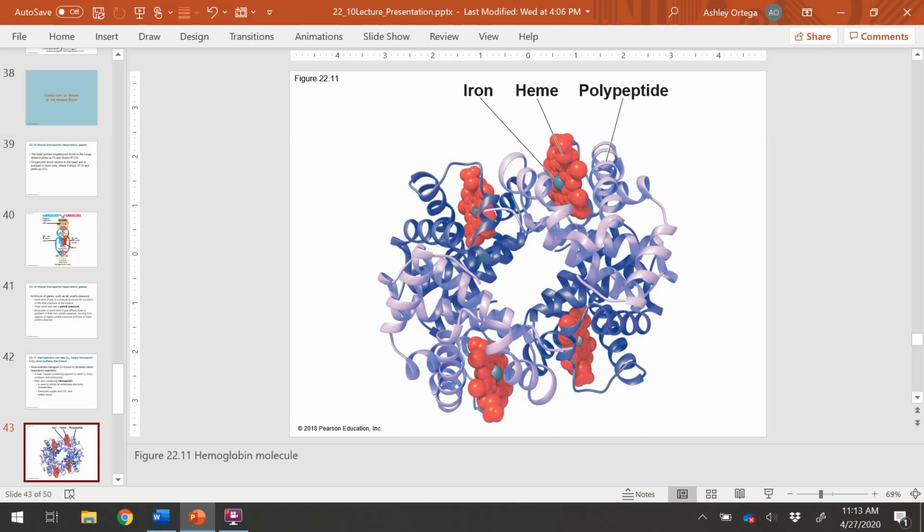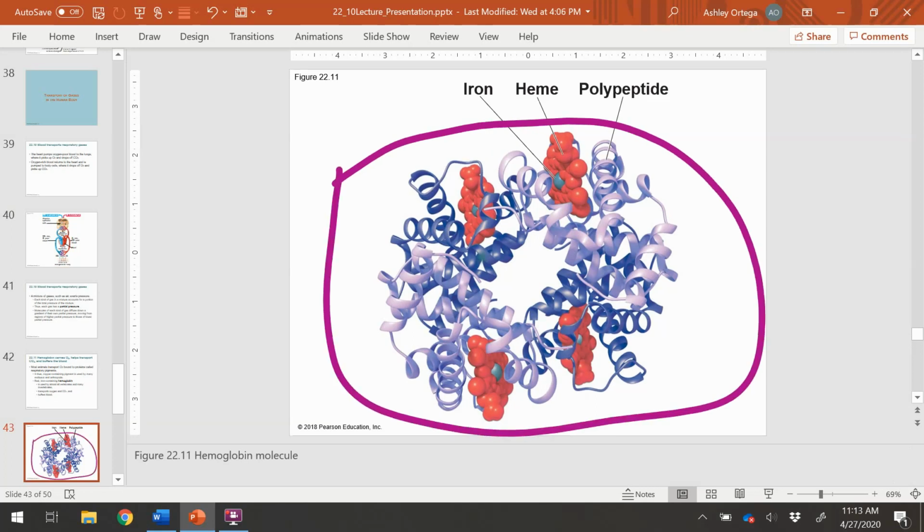And so here you can see the hemoglobin molecule. So this molecule is the whole entire thing that you see here. That's hemoglobin. And looking at the hemoglobin molecule, there's 4 subunits that are shown in different colors of purple. So there's 2 subunits in dark purple, 2 in light purple.